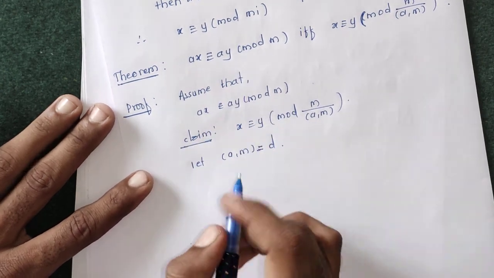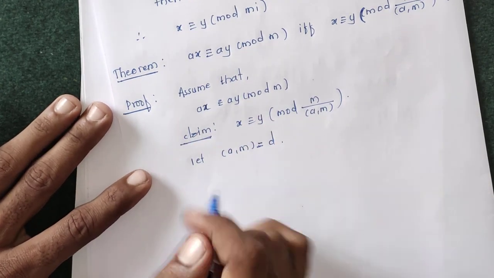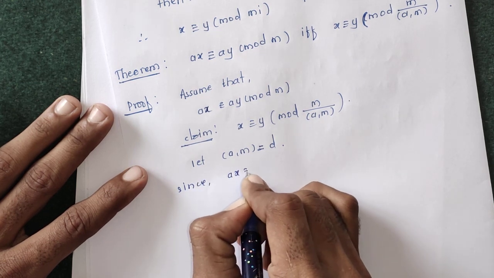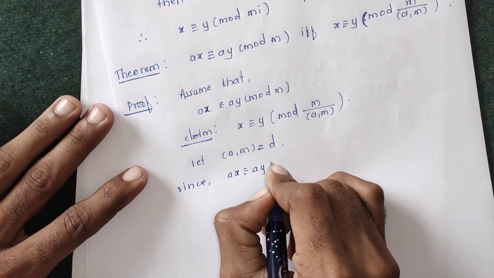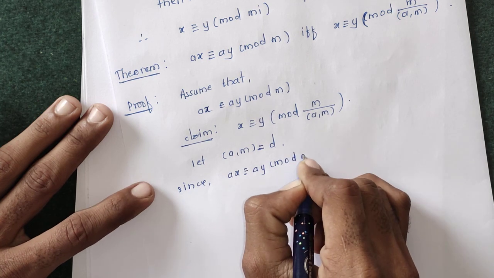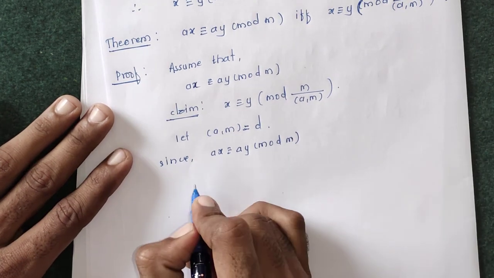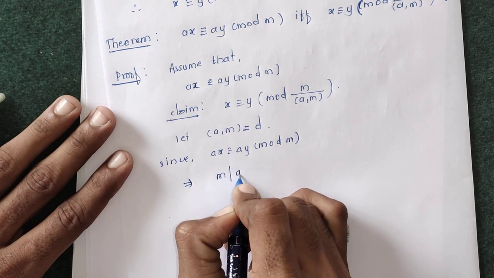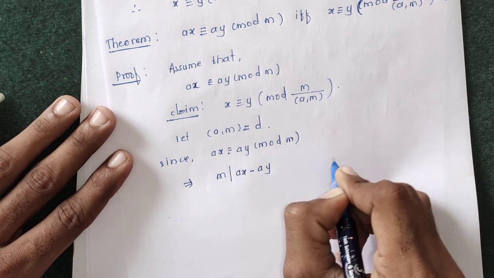Since ax is congruent to ay mod m, by the definition of congruence, we can write m divides ax minus ay.